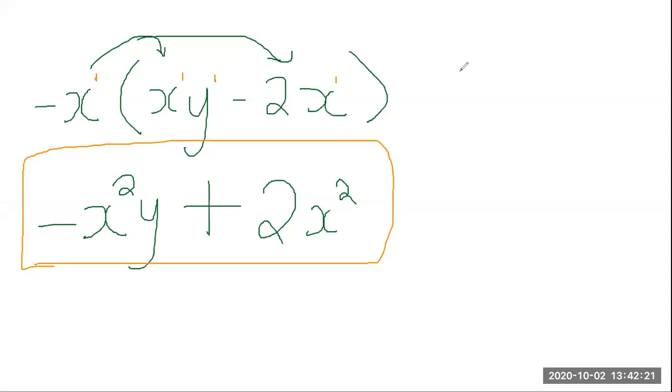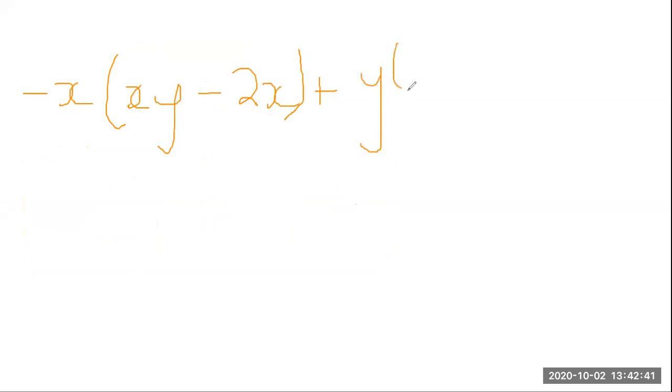Let's do one where the polynomial is even more extensive. Let's go back to that first example we were doing. It says minus x times xy minus 2x plus y times x plus 4, and let's make this squared.